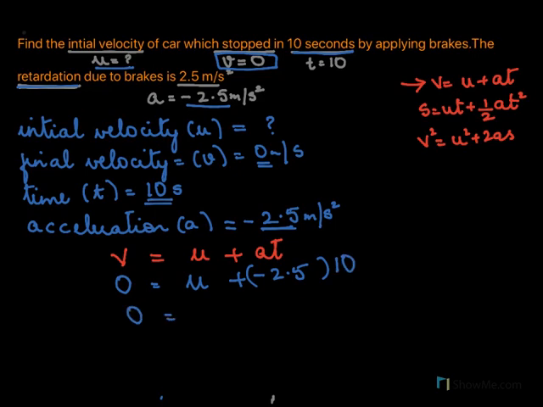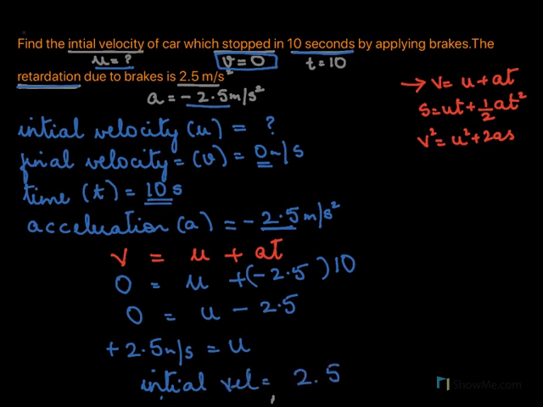So 0 equals u plus minus 2.5 into 10, which is minus 25. So u will be plus 25 meter per second. So initial velocity equals 25 meter per second.